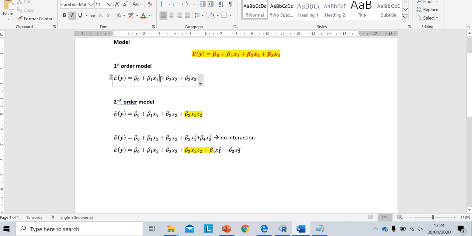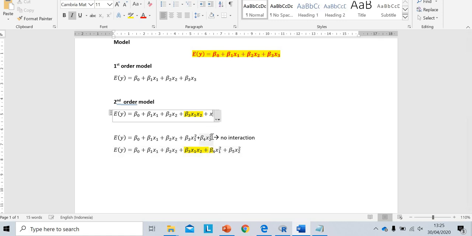Now what if we have x1, x2 and x3? Then all possible interactions that might be put in the model are all combinations of those three variables.